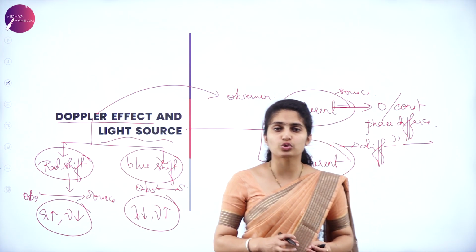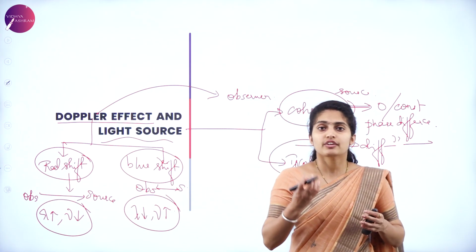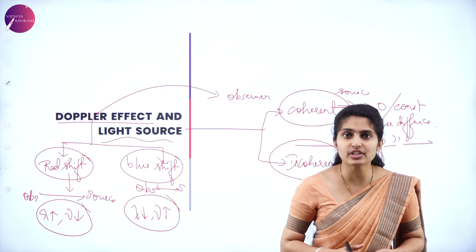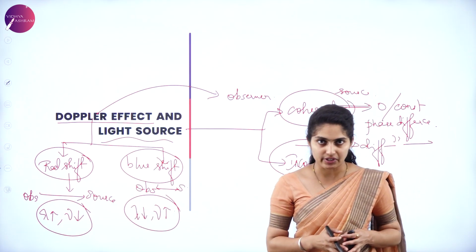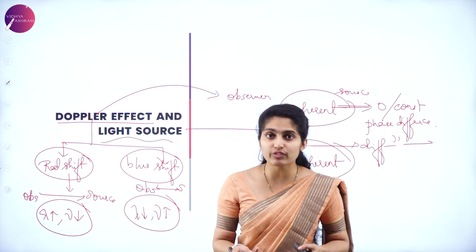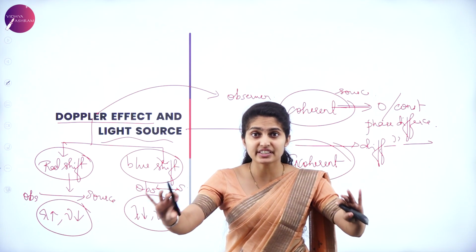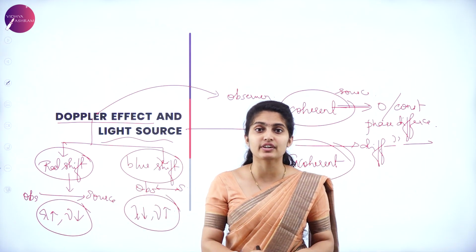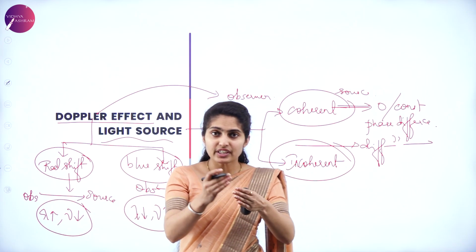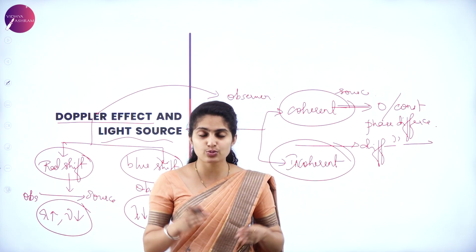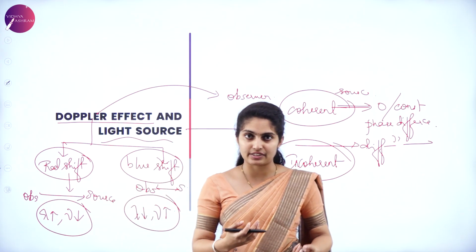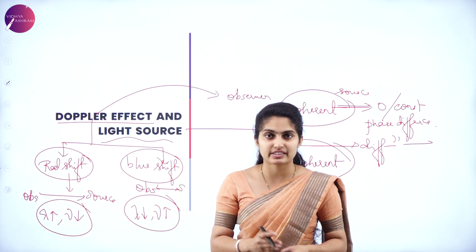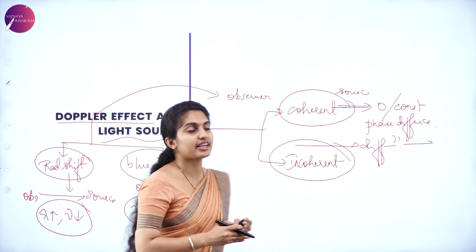Having the coherent source, we just gave an introductory part to interference. What is interference of light? The word itself tells something is interfering, right? Wherever someone interferes in your matter, there is a clash. The same thing happens in light also.